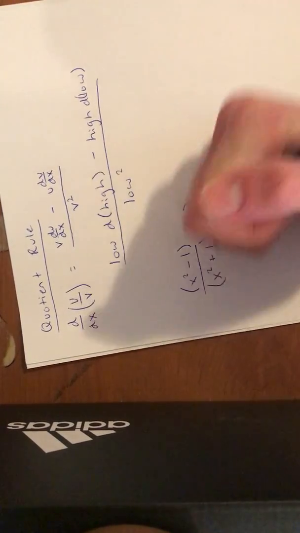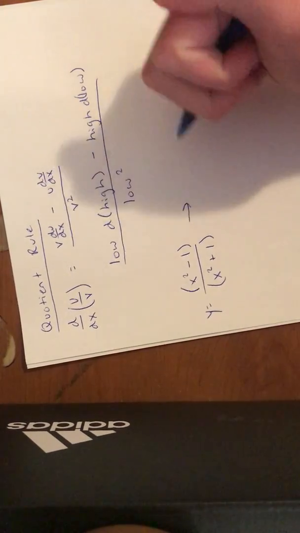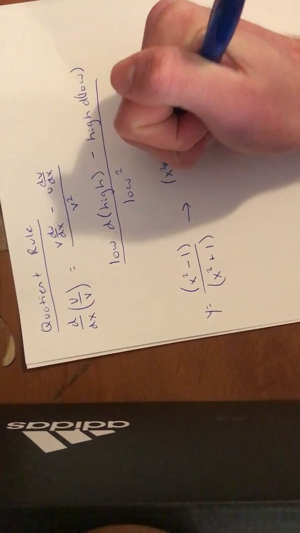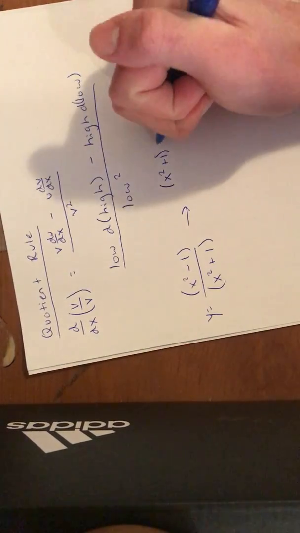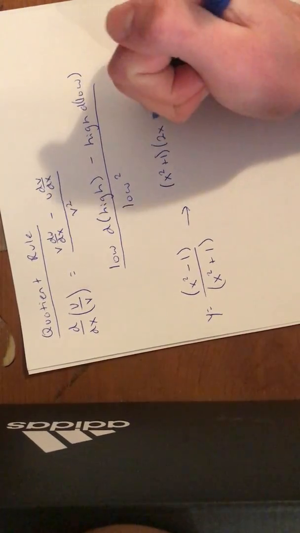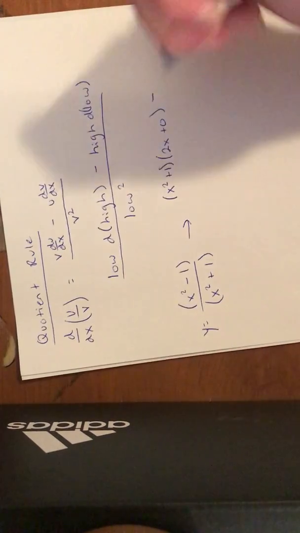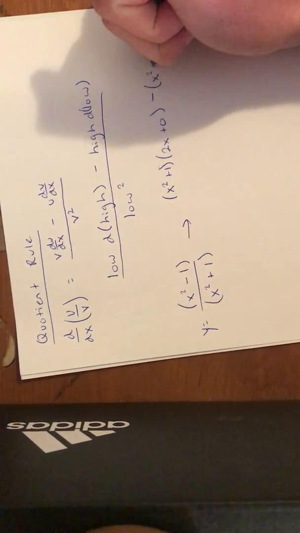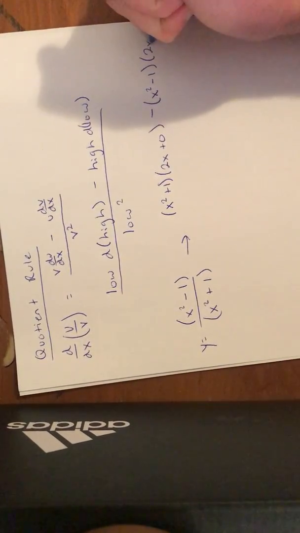So low d high, so my low value, or my low, whatever you want to call it, is x squared plus 1 times the derivative of high, so that's 2x, minus high d low, so high, x squared minus 1, derivative of low is just 2x plus 0.